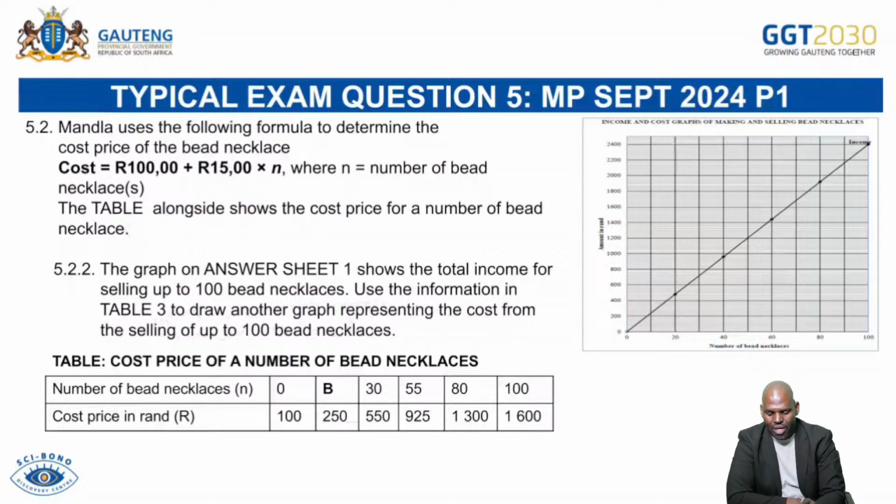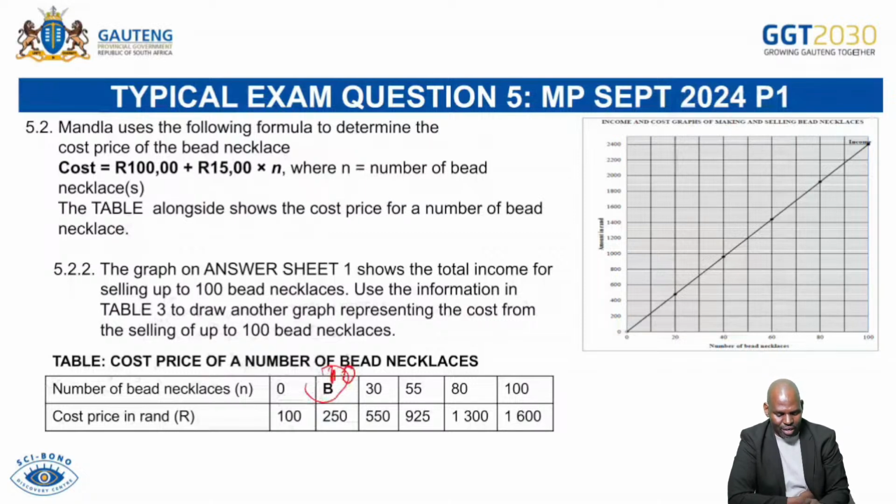Now on this grid, a graph has already been drawn. And this is a graph of an income. So we have to use this information to draw the graph of cost prices. Okay, the information is given. We've got 0 and 100. We didn't know what the value of B was, but we calculated the value of B. So we found the value of B to be 10. So we now know the value of B.